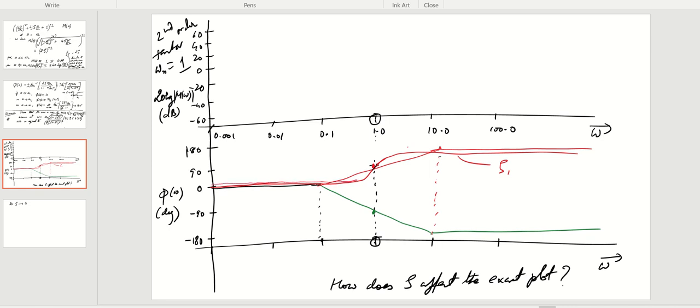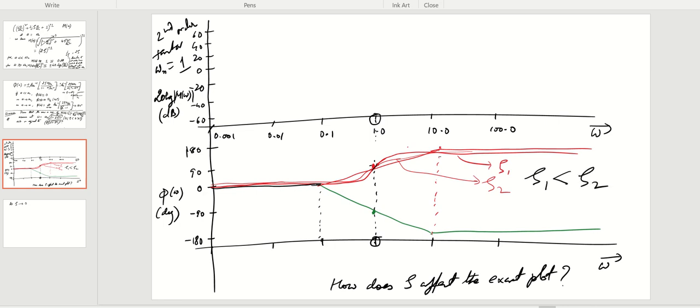The one that is less steep, say this corresponds to zeta 2. Then we can safely say that zeta, of course the same thing will follow for the pole as well. So then we can safely say that zeta 1 is less than zeta 2.